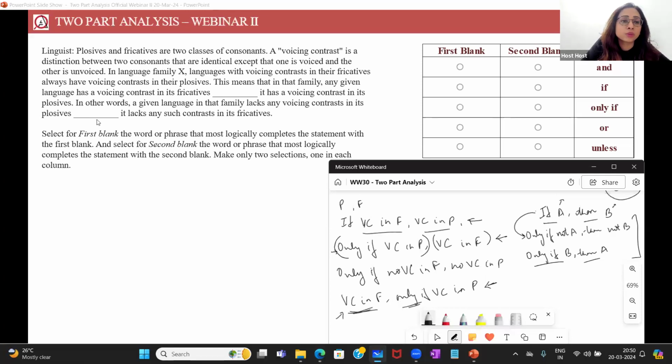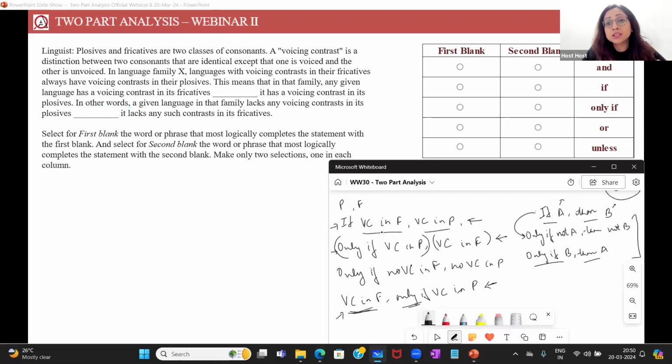Okay. What about the other one? In other words, again, that means they're talking about the same relation, right? Both the sentences, the sentence with this blank and the sentence with this blank, are restating my if statement.